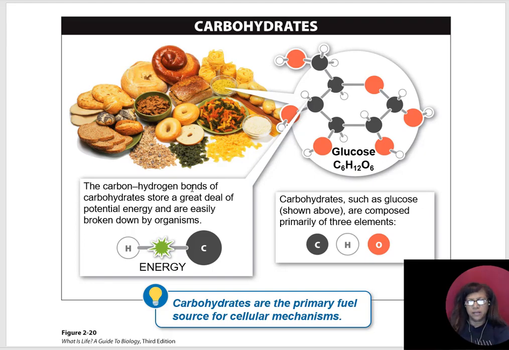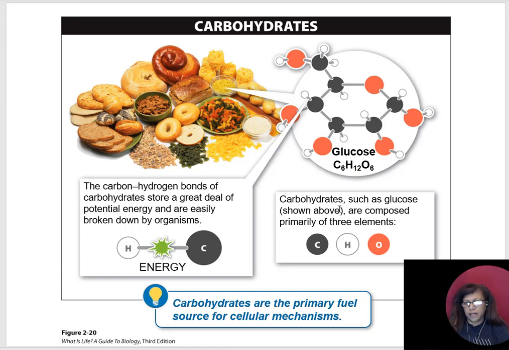But think of that. When I break that bond, I'm getting energy, right? Just like a glow stick. When I crack it, I get energy. So it's the same thing for organisms. When they break the bond between this carbon and hydrogen, energy is released, and we need that energy in order to function.